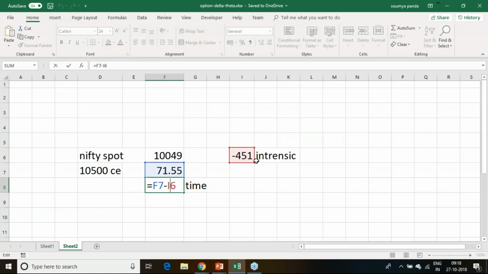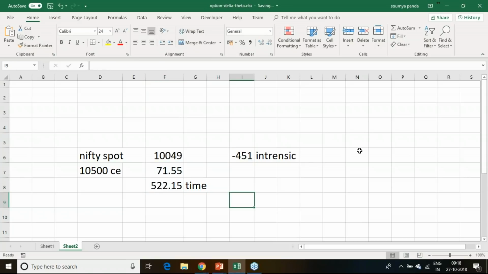The premium minus the intrinsic value, and since the intrinsic value is negative, minus and minus become plus. So 451 plus 71.55 gives you 522 as the time value. The out of money 10,500 call has a time value of 522 points.